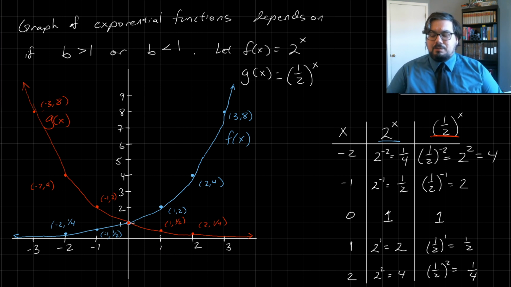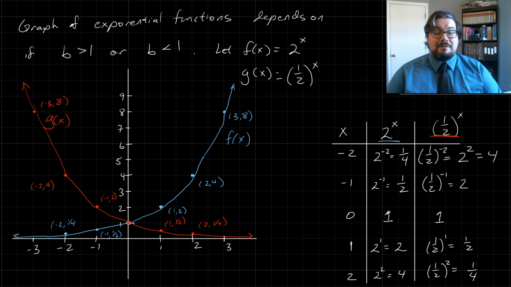I do want to give the general form of what these graphs are, which help us to identify the graphs of the exponential function that we're looking at. So these were the specific examples for bases of 2 and 1/2.